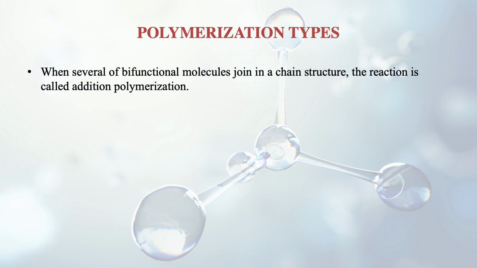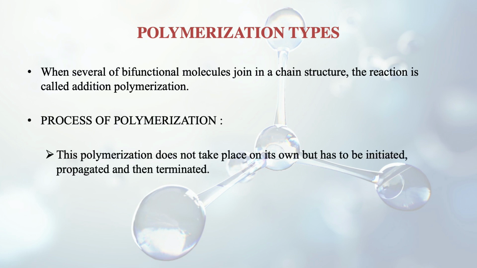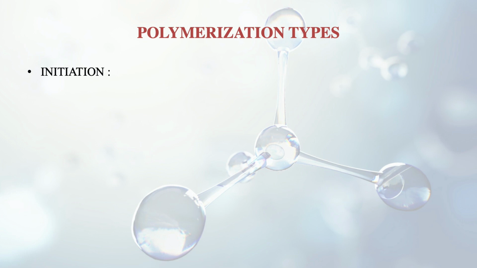This polymerization does not take place on its own, but has to be initiated, propagated and then terminated. It is a whole process, and we will discuss what is in it. First of all, initiation.